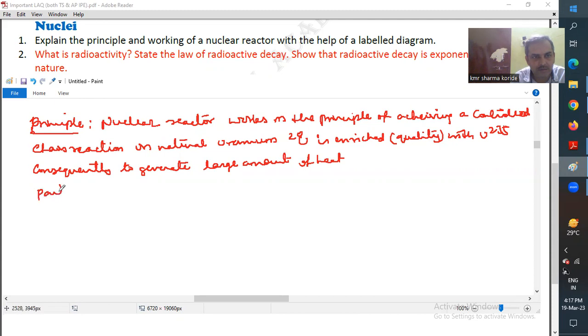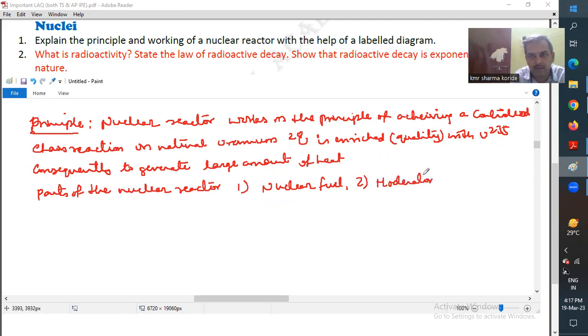Now the parts of the nuclear reactor. The first one is nuclear fuel. Second one is moderator. Third is control rods.